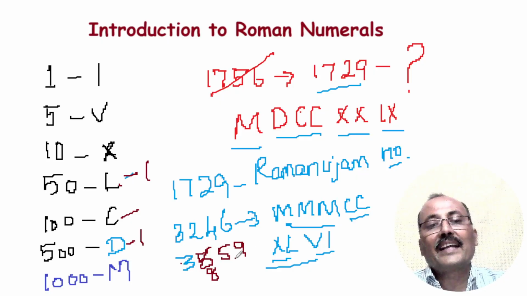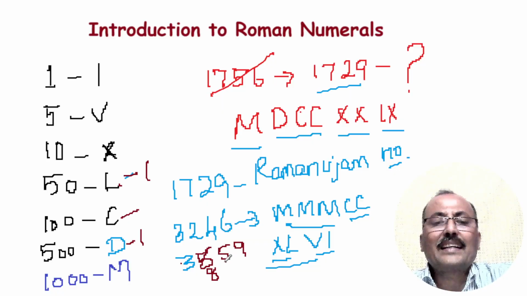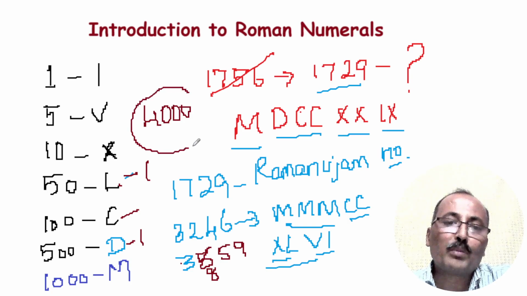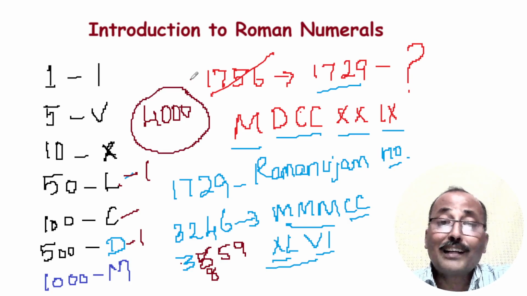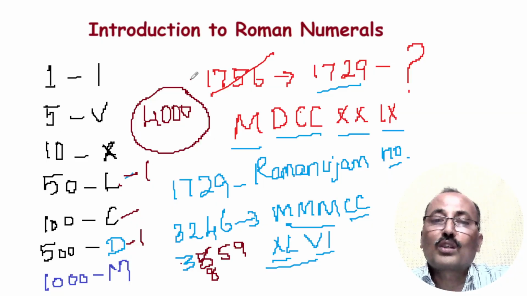Up to this you can write 69, 79, yes, but we cannot write 4000. 4000 is not allowed in this numeral system. That means not allowed. They didn't find the value for 4000. They stopped with this itself.